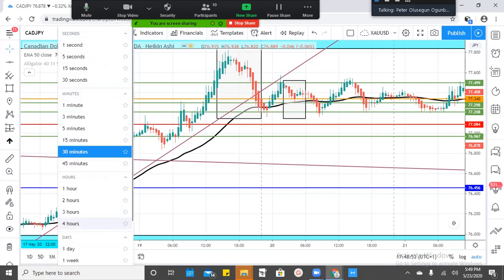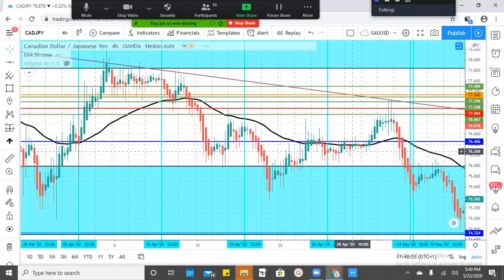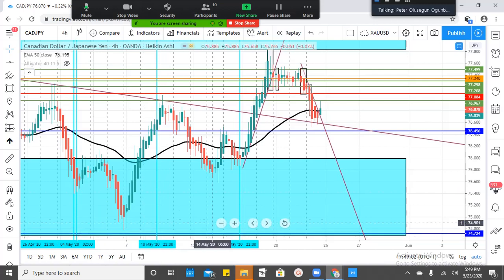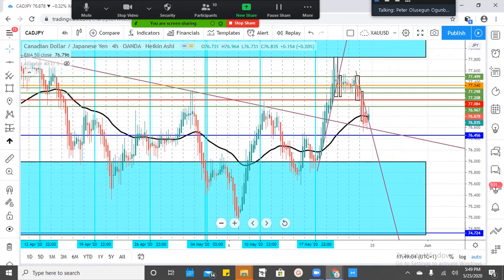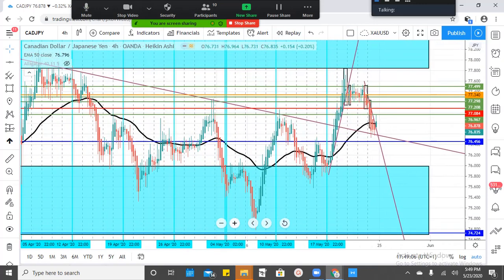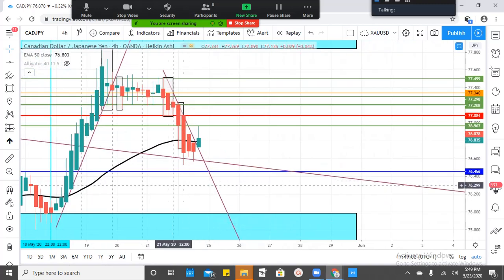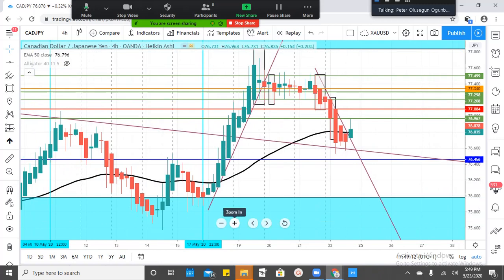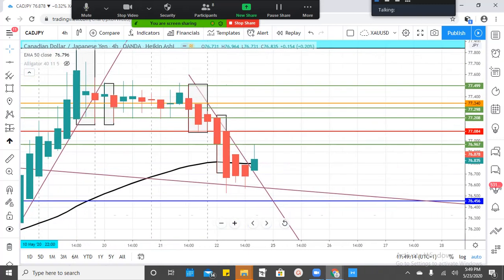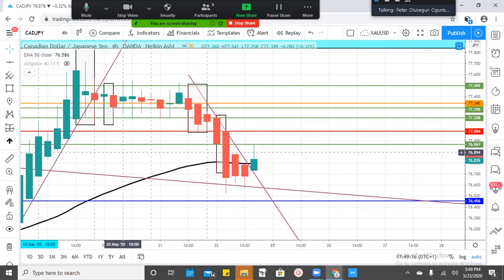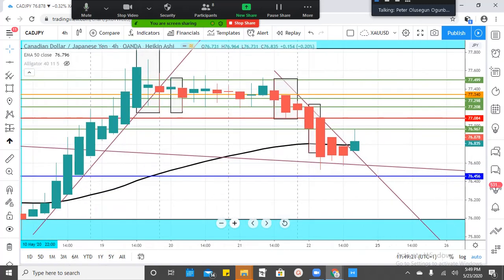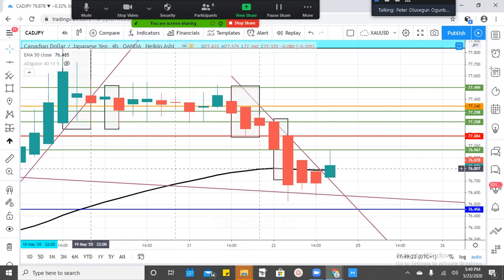If I waited some more to get out, let's see. I'm just trying to take you through all these things. If I waited some more to get out, then I'll be thinking of this particular candle.